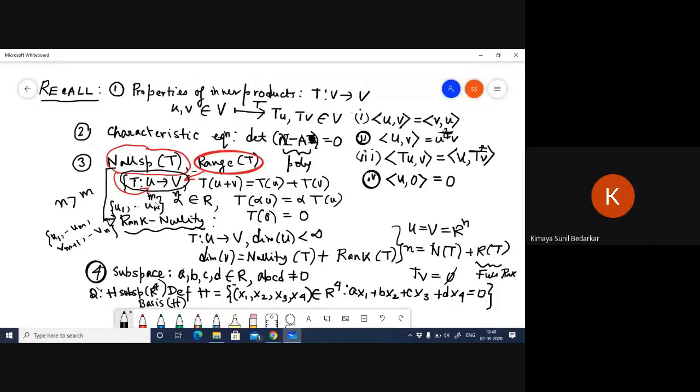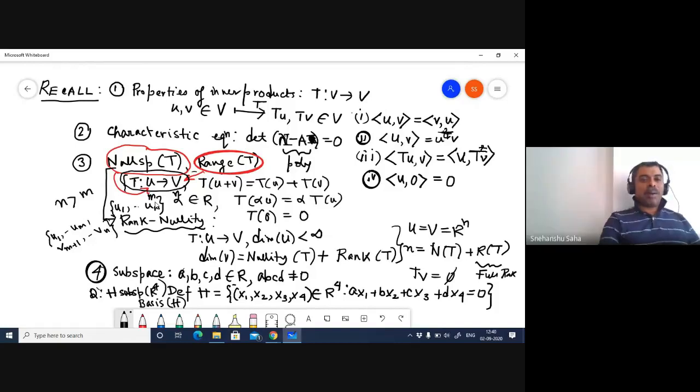No, but see, the VM plus 1 to VN, these vectors are not in U. These vectors are in V. So this whole set is in the vector space V, and this particular subset is exclusive to V. They are not in U.